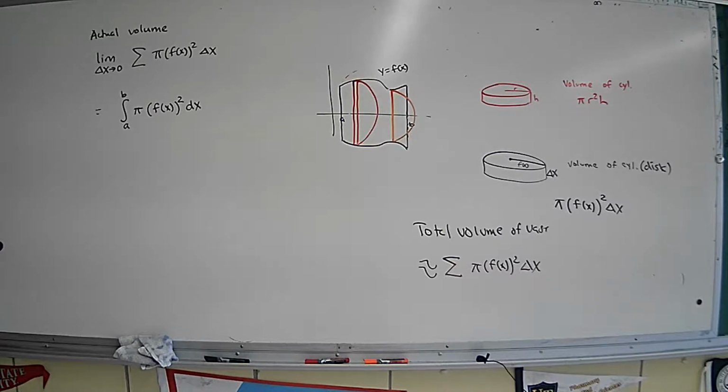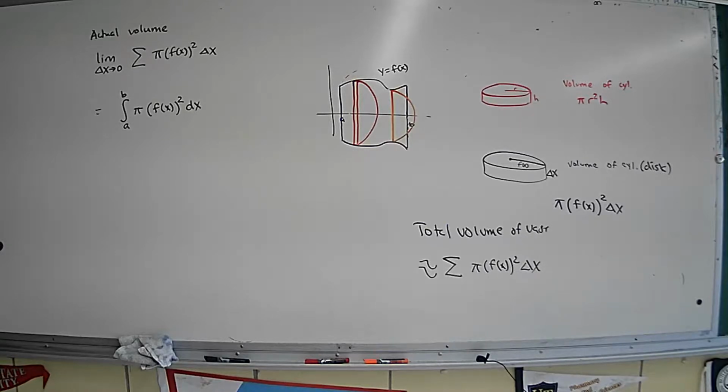Yes, but tell me more. It's an infinite number of slices, but what can you tell me about the slices? They're infinitely thin, and what else can you tell me about them? They all have a specific shape. They're circular slices, or discs, circular pieces of cheese that we're adding up.